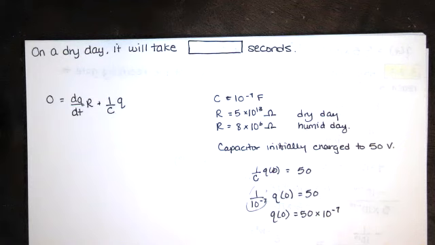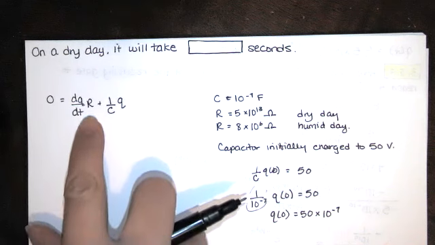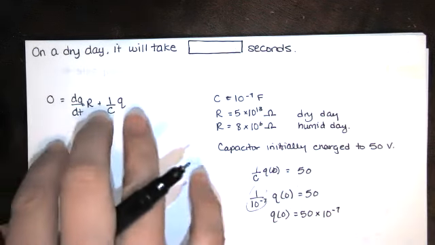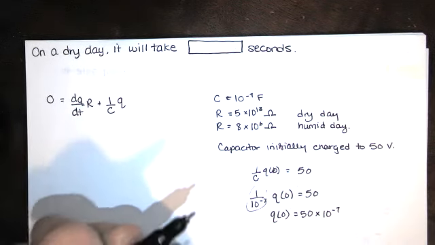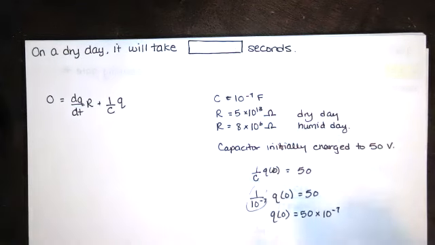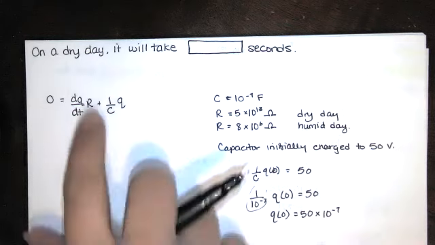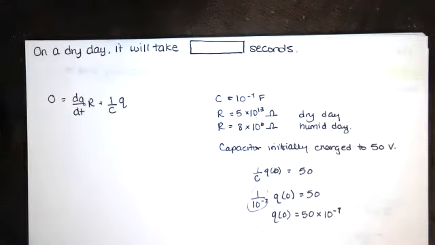What I would recommend you do in this case is just solve this in terms of the resistance R, and then substitute these two values for R so that you can answer the first part and the second part. The first part states the answer like this. It says, on a dry day, it will take blank seconds. And if you look at the problem statement, it says use scientific notation and round to 3 decimal places as necessary.